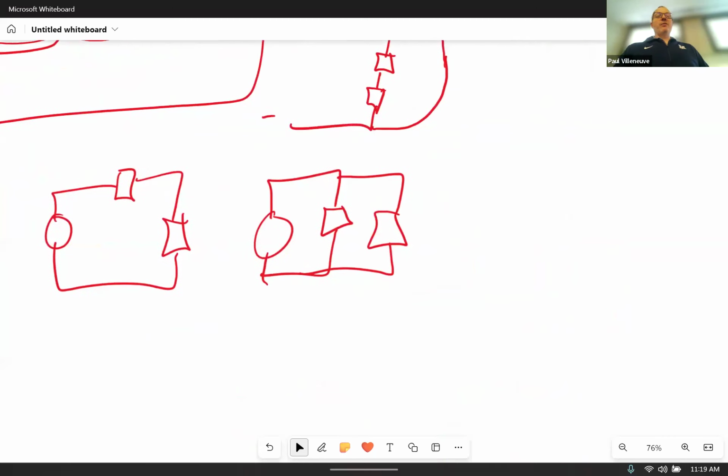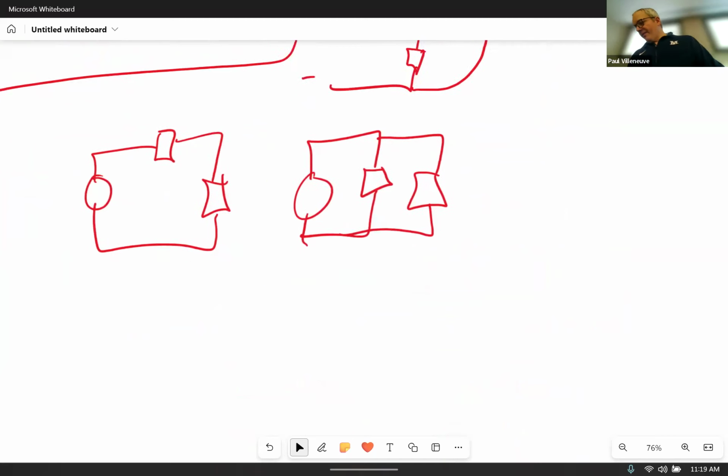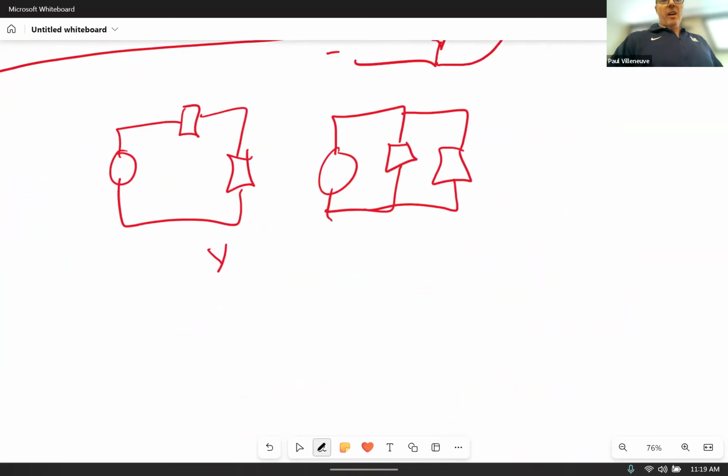You need to just kind of refocus on what is a delta and what is a Y. From a single phase equivalent, all you see is one resistor or one load from each element. You don't see all three connected. You're just looking at it from the equivalent. Can you convert from delta to Y? I did both. So if I put them both in Y, I had 2.24 and an angle of 51.7.